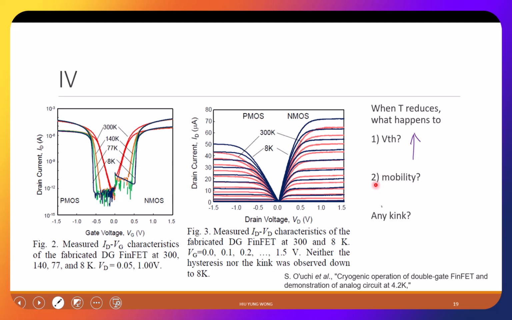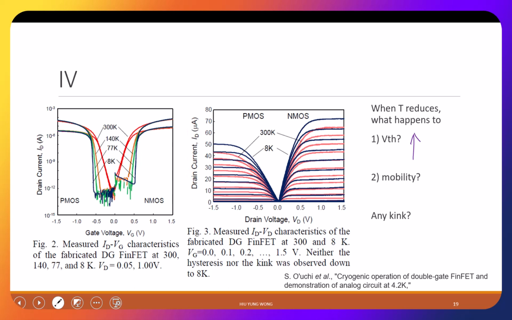Okay, what happened to mobility? Maybe it's easier to see from here. By the way, if you get confused about this graph, let me remind you, always read the axes: ID, VG. This is log scale, but it plots PMOS and NMOS together.